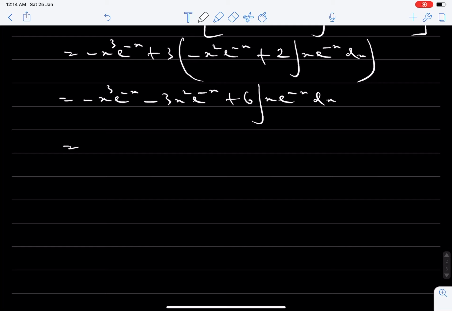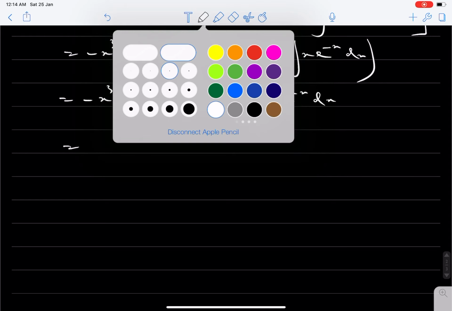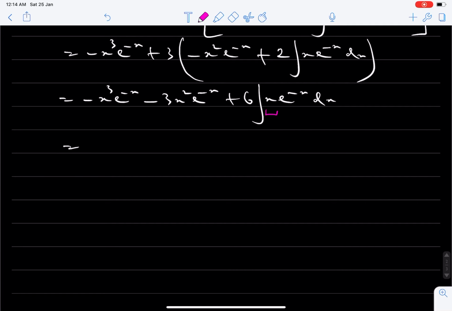which is equal to, this is another product of two functions, so this is u and this is dv.